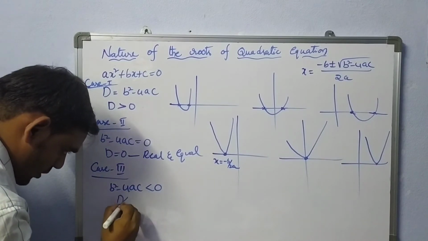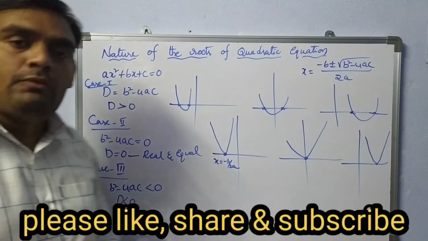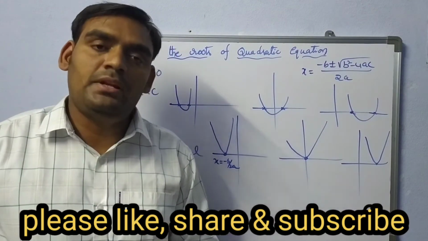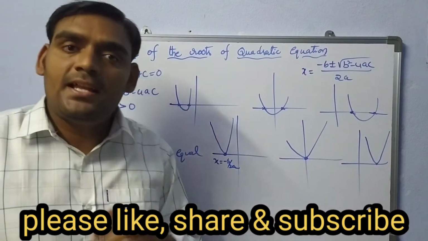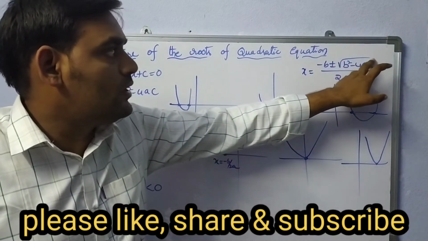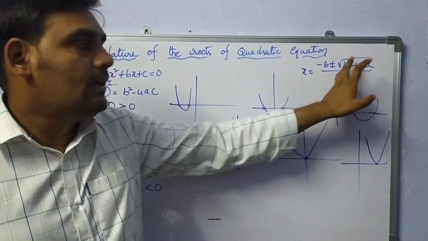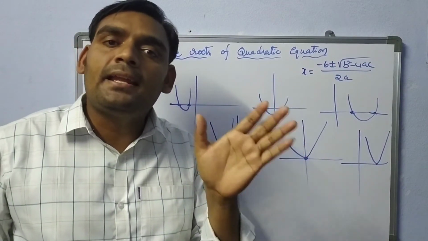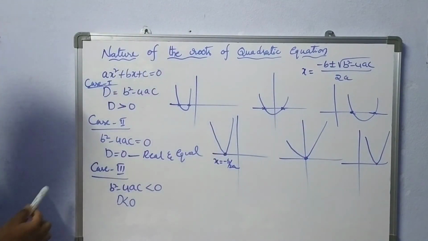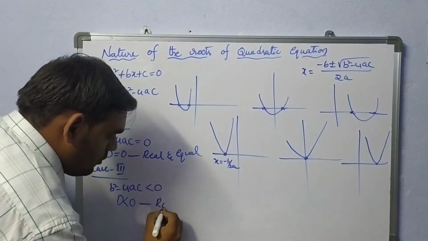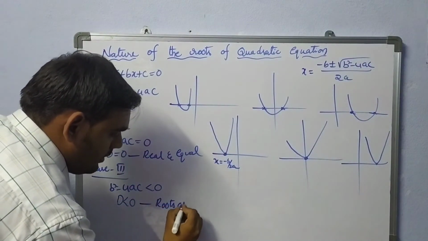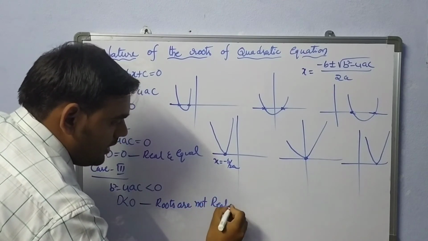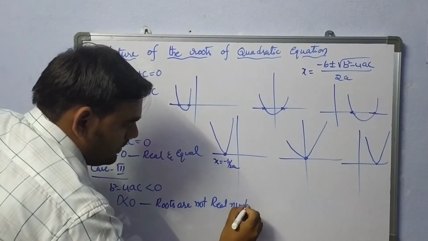D is less than 0 means we won't get real roots; we will get imaginary numbers. So the roots are not real numbers.